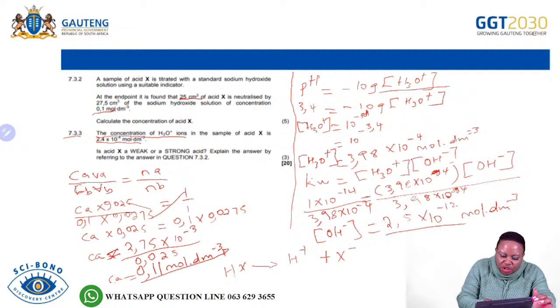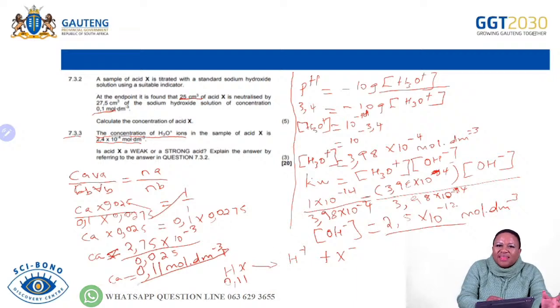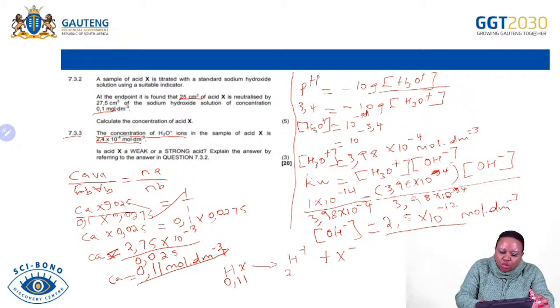We know that the concentration of acid X was 0,11 mole per decimeter cube, but we are told that when the acid ionizes and they look at the sample of the ions that the acid produces, it is 2,4 times 10 to the exponent -4, which is the same as this one because they react in the ratio of 1:1.